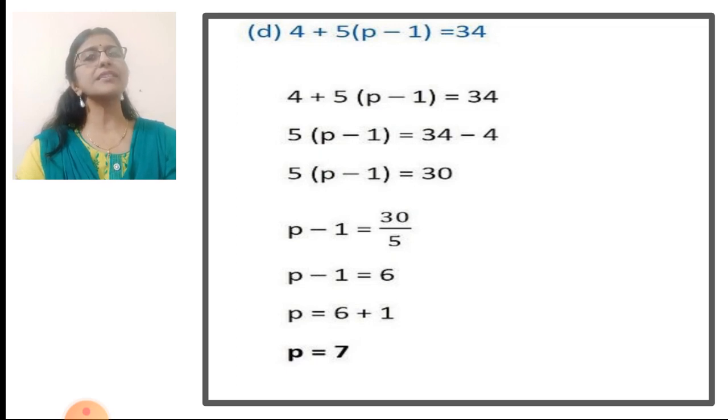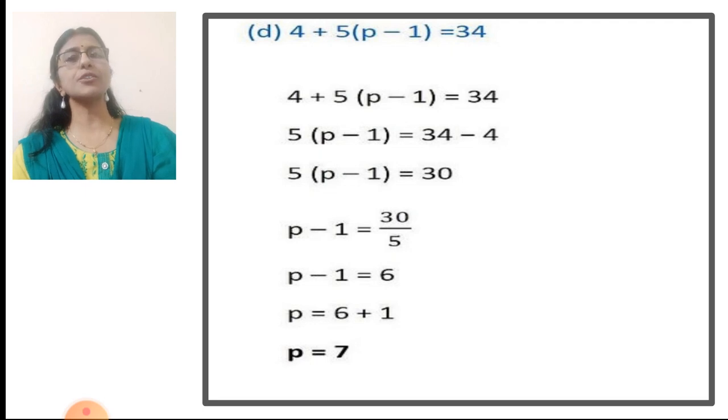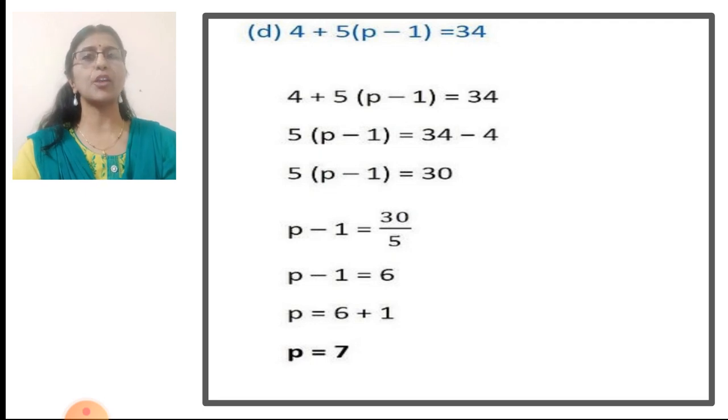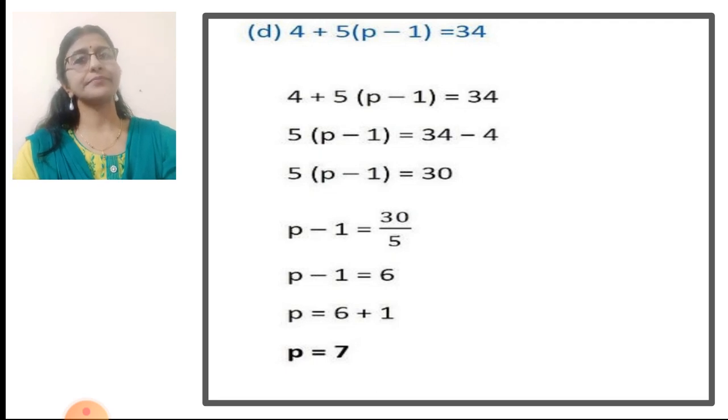So transposing 4 to the right hand side will become minus 4. So the next step will be 5(p minus 1) is equal to 34 minus 4, because 4 is positive on the left hand side. When we use the transpose method, we have to change the sign, so positive will become negative. So 34 minus 4 is 30.